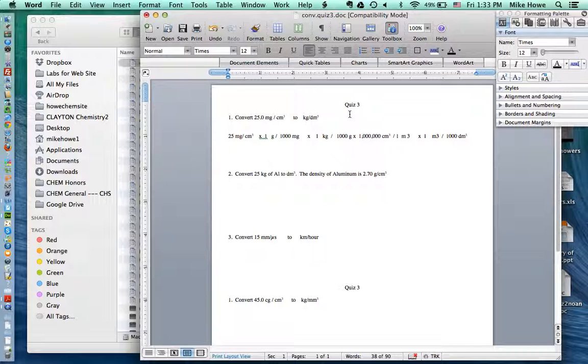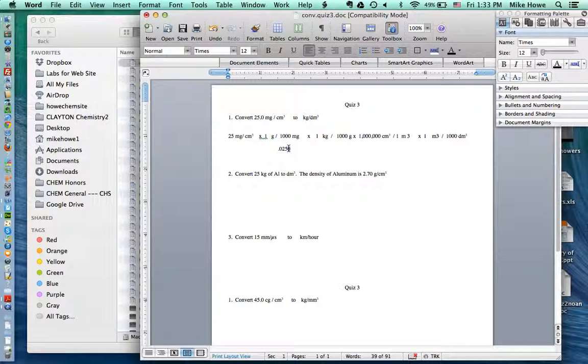One other thing I want to point out to you is that the sig figs in this number are 3. There are 3 sig figs, so your answer should have 3 significant figures. So if we actually did the math on this, there's 1 million on top here, there's 1,000 on the bottom there, and 1,000 on the bottom there. So the million cancels out the 1,000s. I really just end up with 25 divided by 1,000, which is 0.0250.